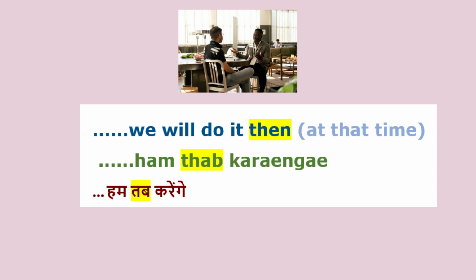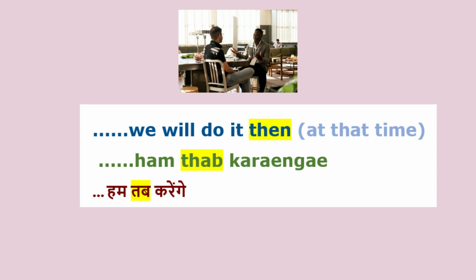Say for instance, just imagine a group of people talking, there's a crowd there and a lot of noise, and it's only at 10 o'clock that it will get quieter and there'll be much less traffic, and suddenly somebody says, okay, then we'll travel then, which means at that time when everything has become quieter, we'll start our travel. So tab can mean that the jab part is already told in many words and then just the tab comes.